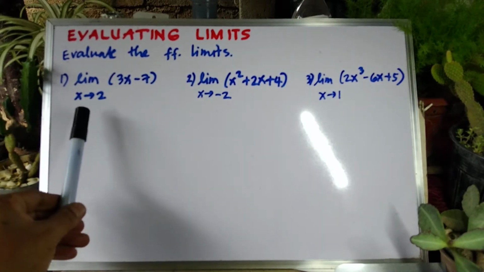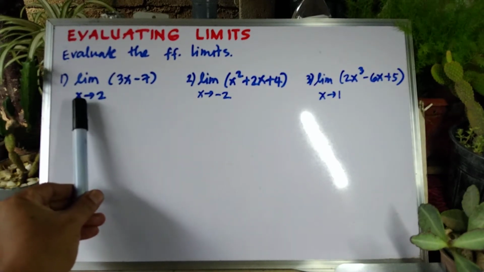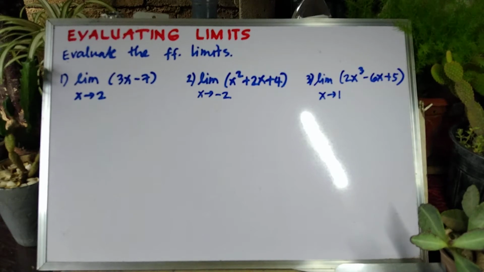Number 1. Limit of 3x minus 7 as x approaches 2. So, how to evaluate this? Now, this is the difference of two limits. To answer it simply, you just need to substitute the value of x, which approaches 2.